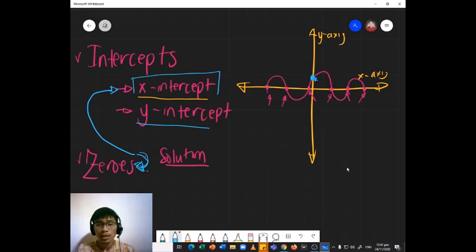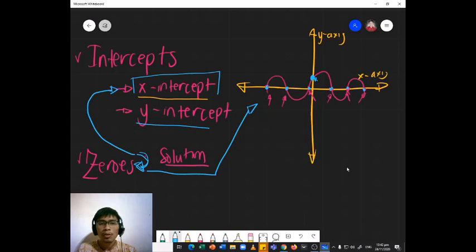They are the parts of your graph that touch the x-axis, because in mathematics, all the parts of the graph that touch the x-axis are called the x-intercepts, and at the same time, those are the zeros of the function. These points are the solutions. When you say solution, it will make your equation equal to 0.